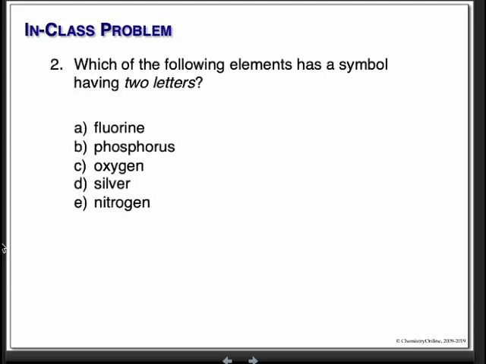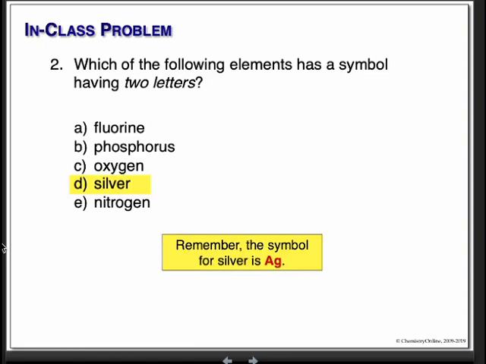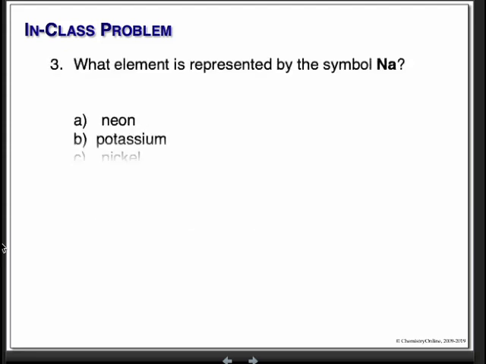Which of the following have a symbol with two letters? What's phosphorus? That's the one that's P, isn't it? Oxygen is O, nitrogen is N, fluorine is F, silver is Ag. What's Na? Everyone knows that now.